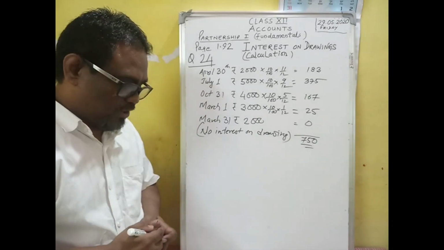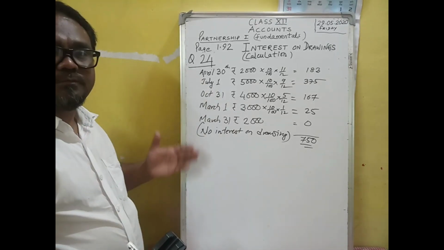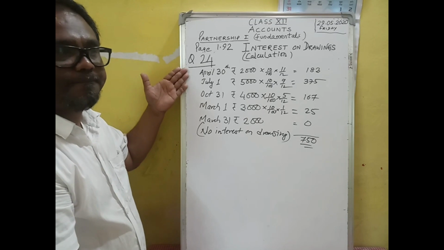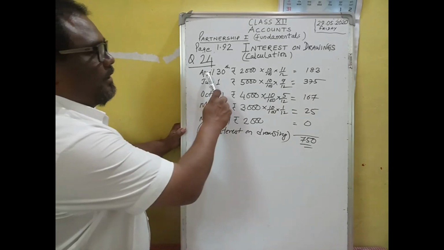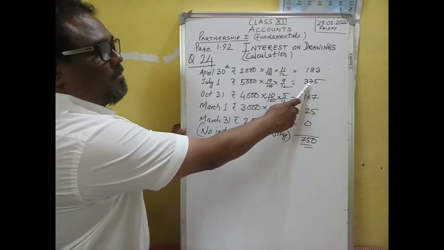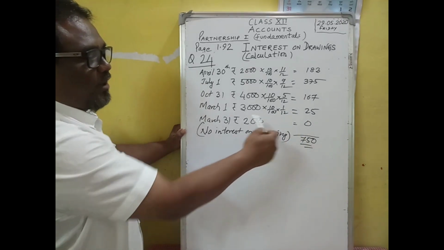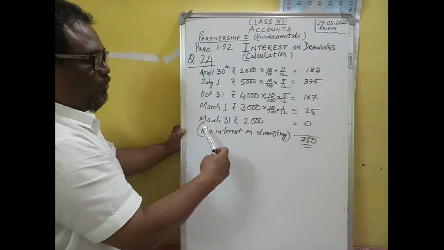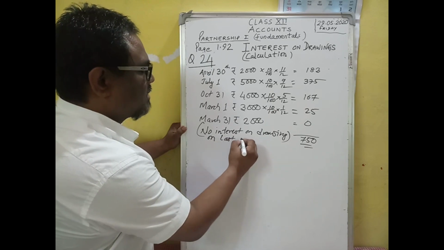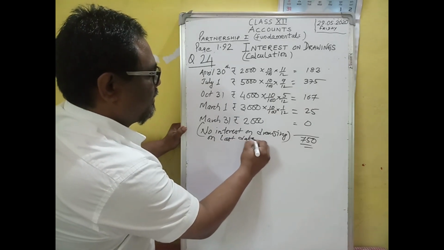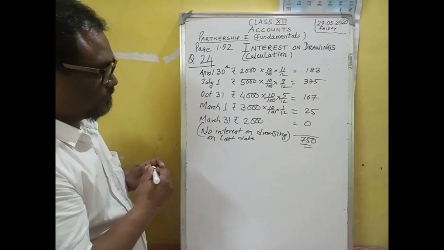So this is the calculation of interest on drawing in question number 24. Now this is for 11 months, this is for 9 months, this is for 5 months, this is for 1 month. And this is for 0 months, no interest is calculated, because there is no interest on drawing on the last date of the financial year.